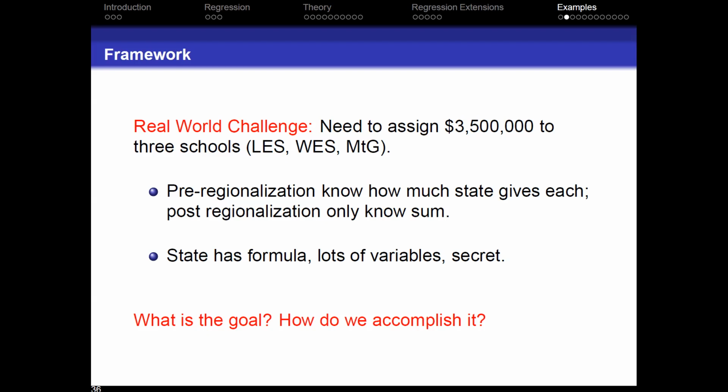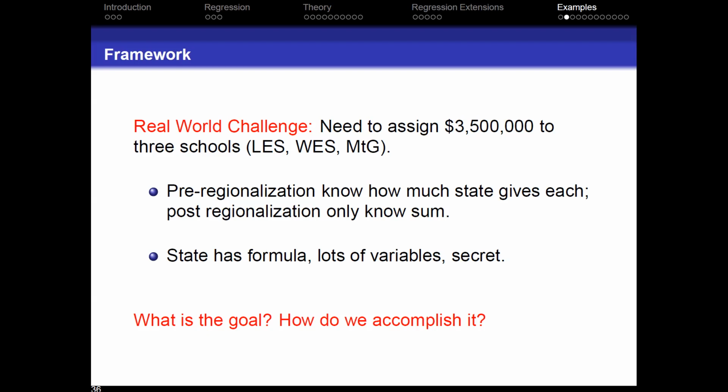Now the budget is about 21 million. We got about 3.5 million from the Commonwealth of Massachusetts in Chapter 70 funds. Before regionalization, we knew how much money went to each school. But the way it works is they only tell you how much money goes to each school district. Well, if your school district has just one school, school and district are essentially the same.